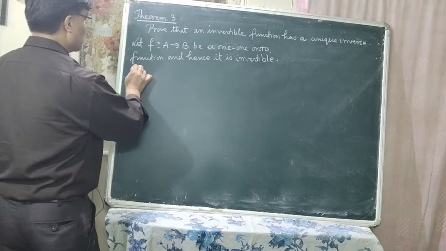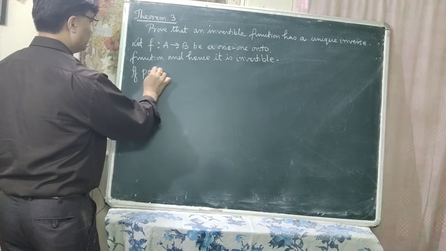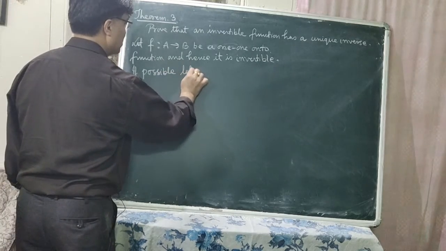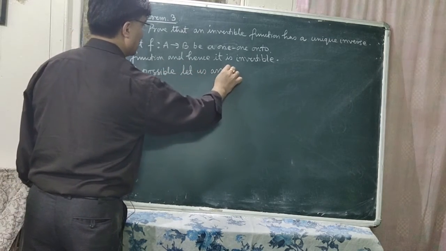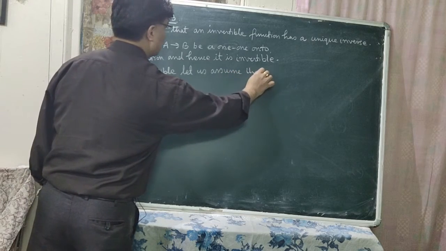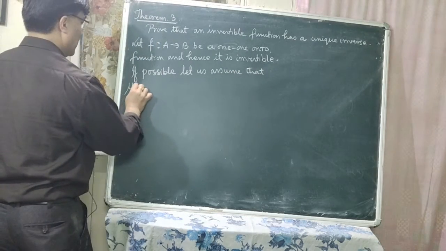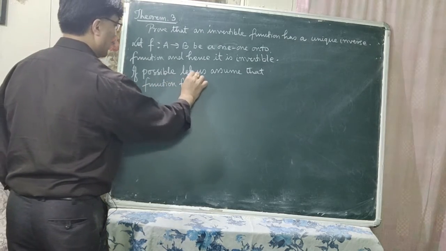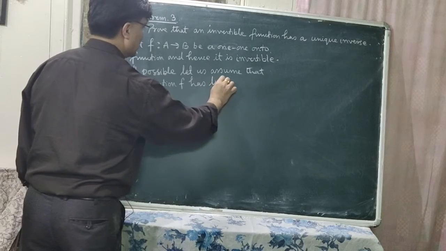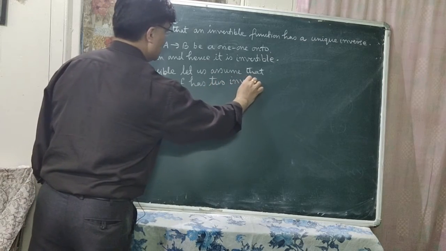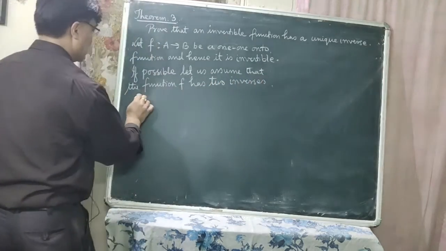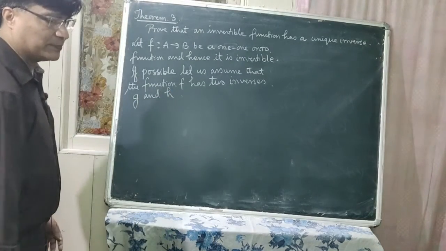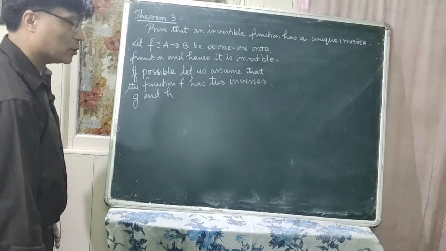So if possible, let us assume that the function f has two inverses, that is g and h, okay.